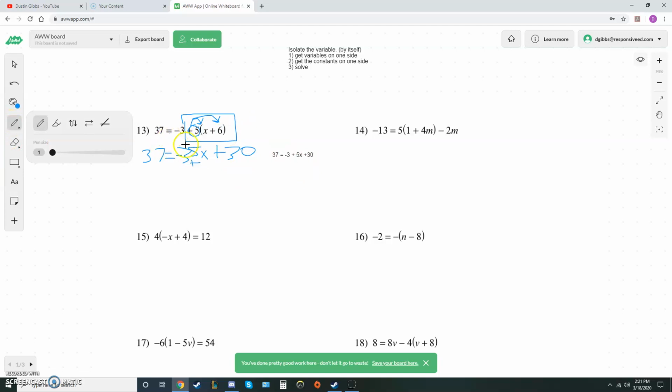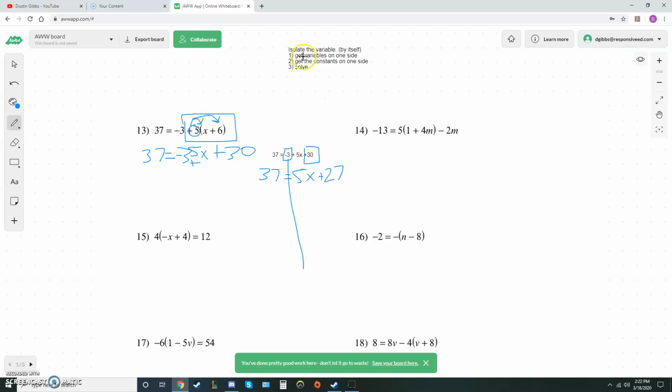So the next step here is we need to take this negative 3 and this positive 30 and put them together. You can use calculators to do it. You should now have 37 equals 5x, and then when you combine these you get a positive 27.